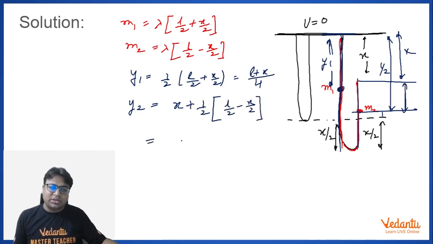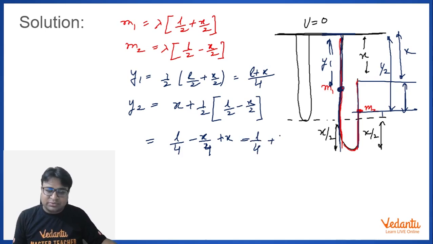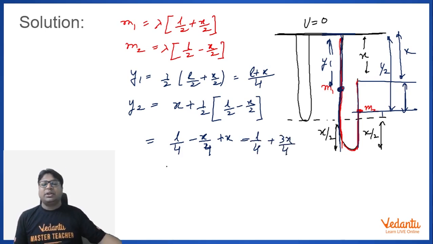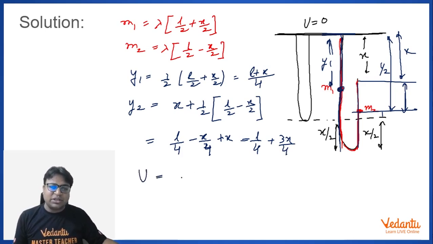So it eventually becomes L by 4 minus x by 4 plus x. So it becomes L by 4 plus 3x by 4.